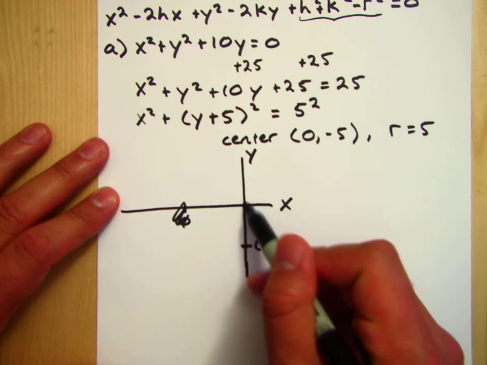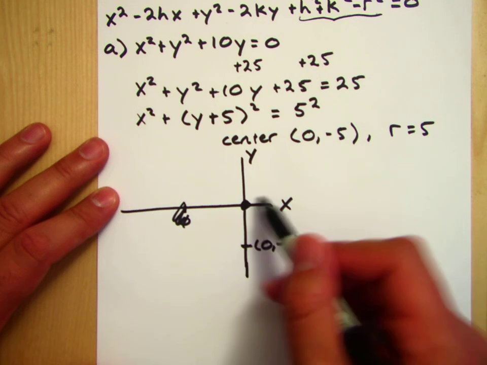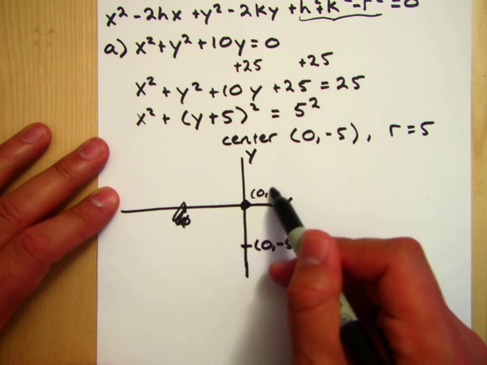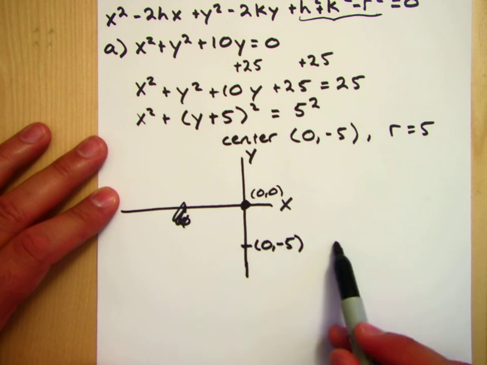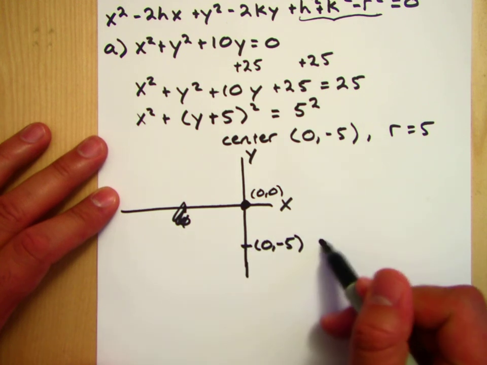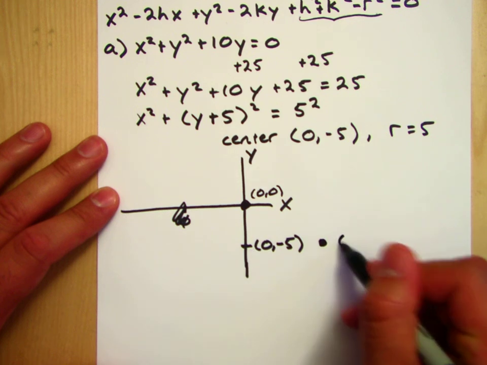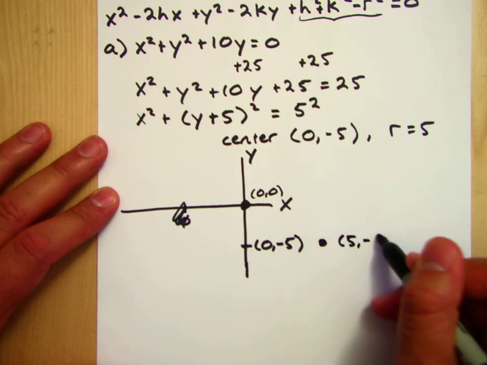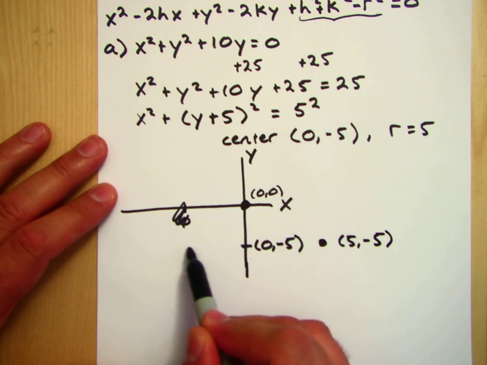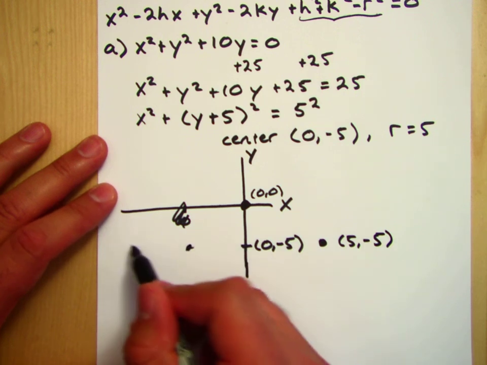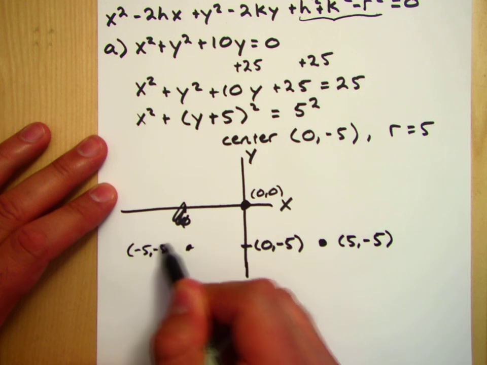So there'll be a point here on the circle, and that's just 0, 0. There'll be a point 5 in this direction. So this will be 5, negative 5. There'll be a point 5 spaces in this direction, and this will be negative 5, negative 5.